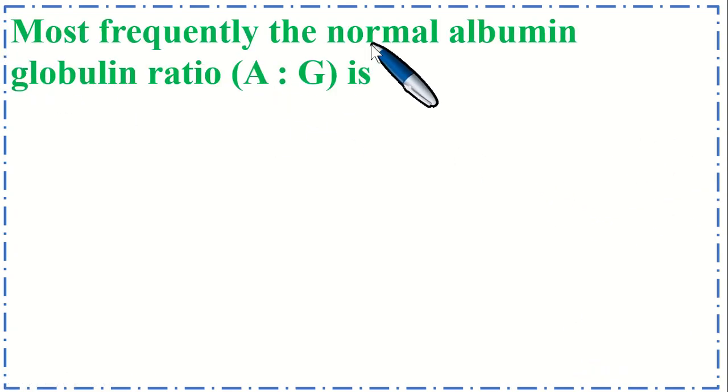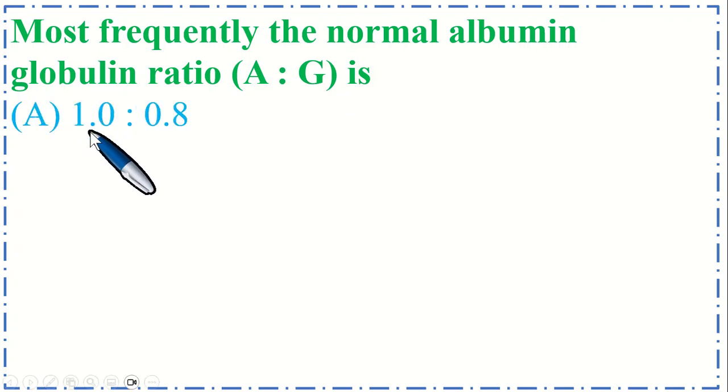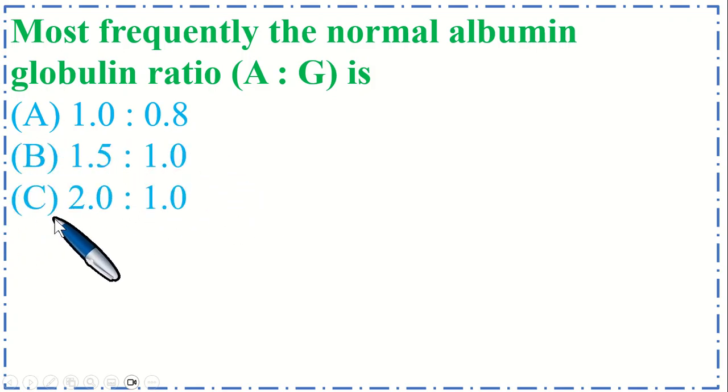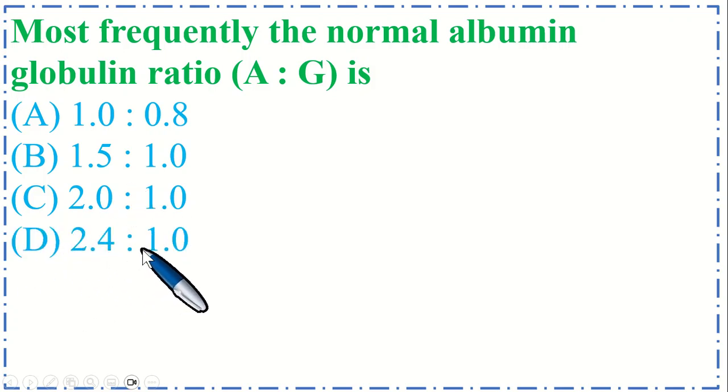The most frequent normal albumin globulin ratio, A to G ratio, albumin to globulin, is: option A, 1.0 to 0.8; option B, 1.5 to 1.0; C, 2.0 to 1.0; and option D, 2.4 to 1.0.